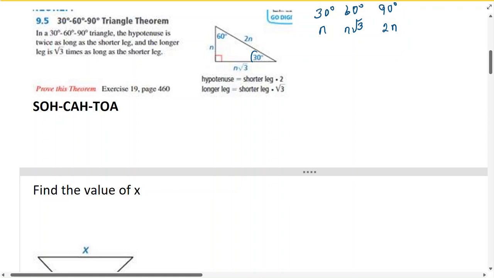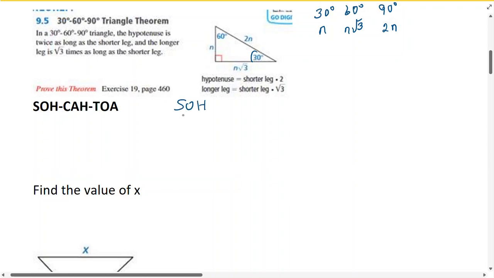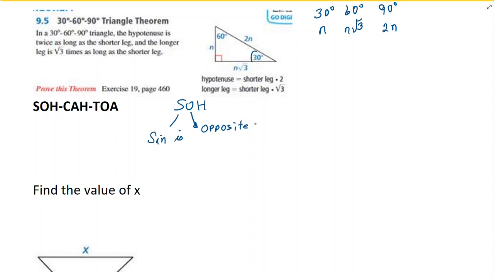In the course of our study, we learned about SOH, which is sine is opposite side over hypotenuse.